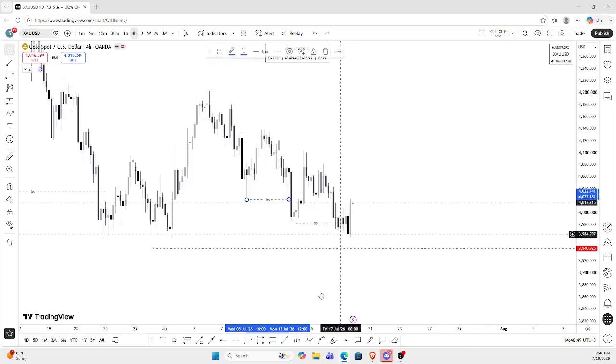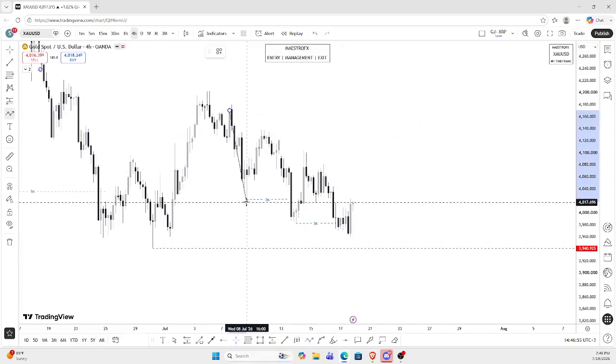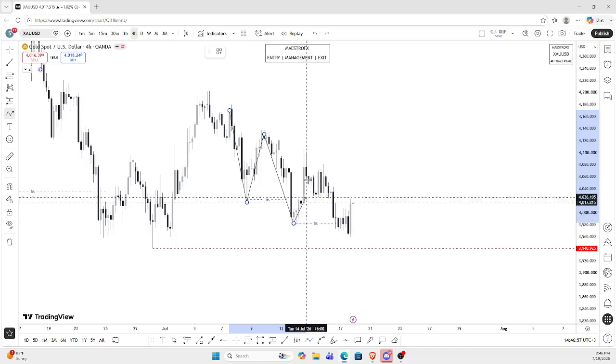You can see that price has been printing a series of lower lows and lower highs.